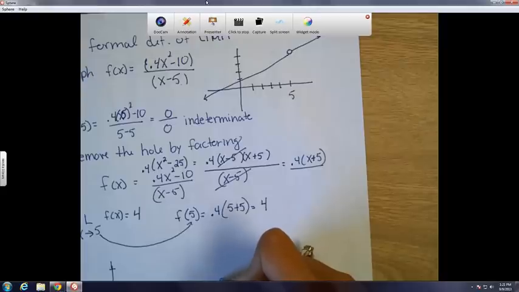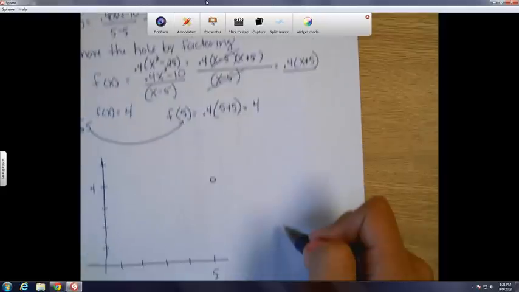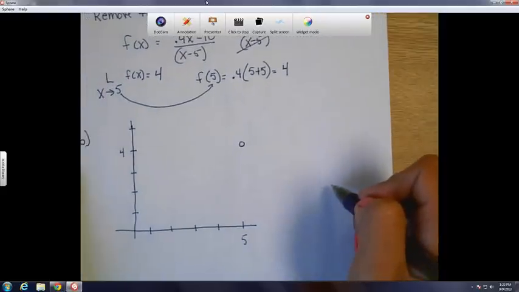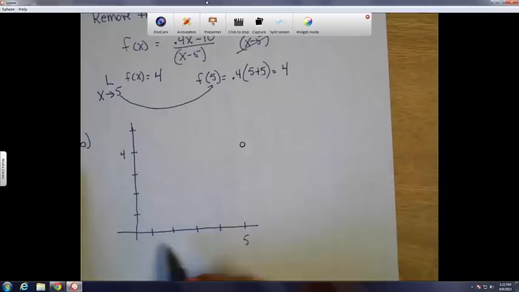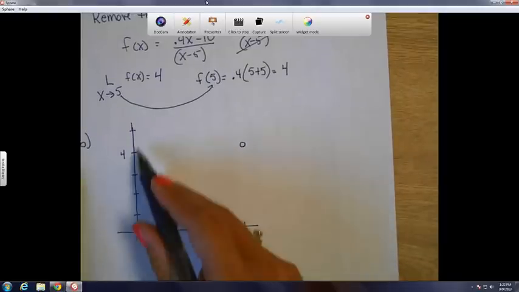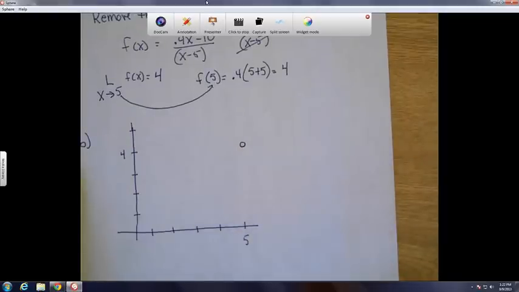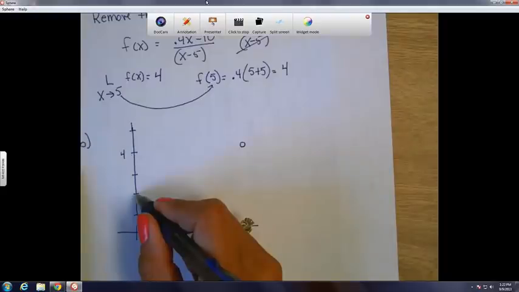Put that hole at 5, 4. Oops, sorry about that again. I gotta pay attention. Put the hole, I made my axes a little bit bigger than I did up there because I want to add to this graph a little bit. It is crossing just so I can make a nice line. 0, 2.